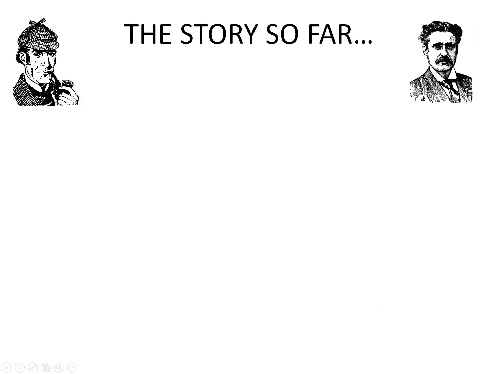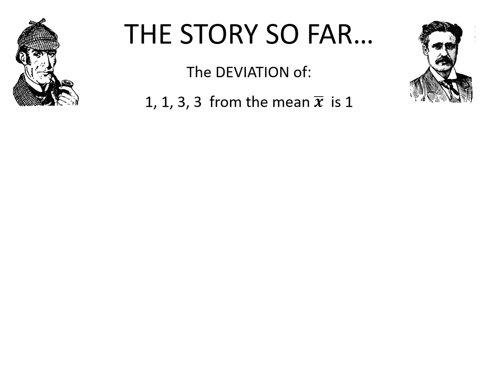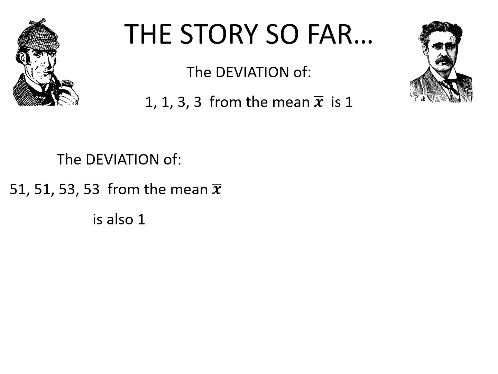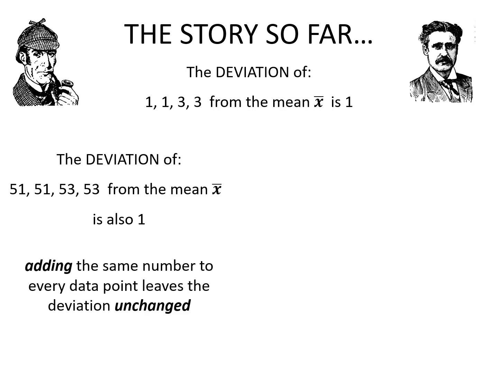As Sherlock Holmes might say, let us consider what we have learned so far and where we may move to next. And what we have determined is as follows. The deviation of the numbers 1, 1, 3, 3 from their mean, x bar, is 1. We have also determined that the deviation of 51, 51, 53, 53 is also 1, and that the deviation is unchanged by adding the same number to each data point.